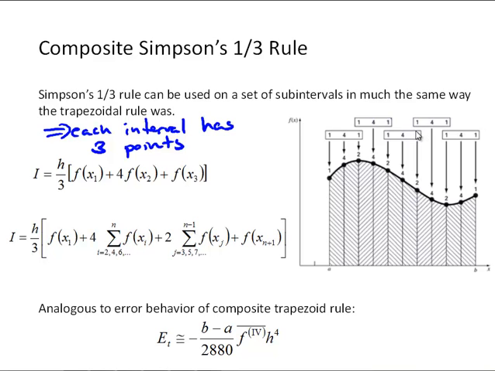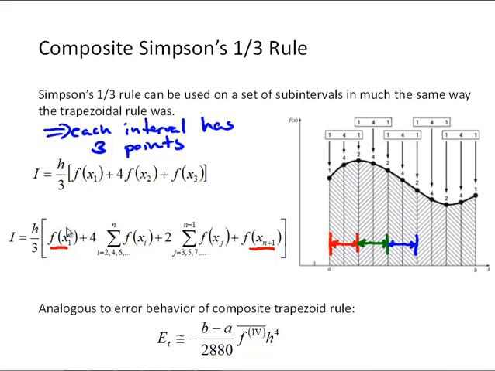And the result is when we sum all of these integrations, so each of our regions look like this. There's 3 points for each region. And when we sum these regions, we're going to have, again, a single function evaluation at our first point for the range, a single function evaluation for our last point.